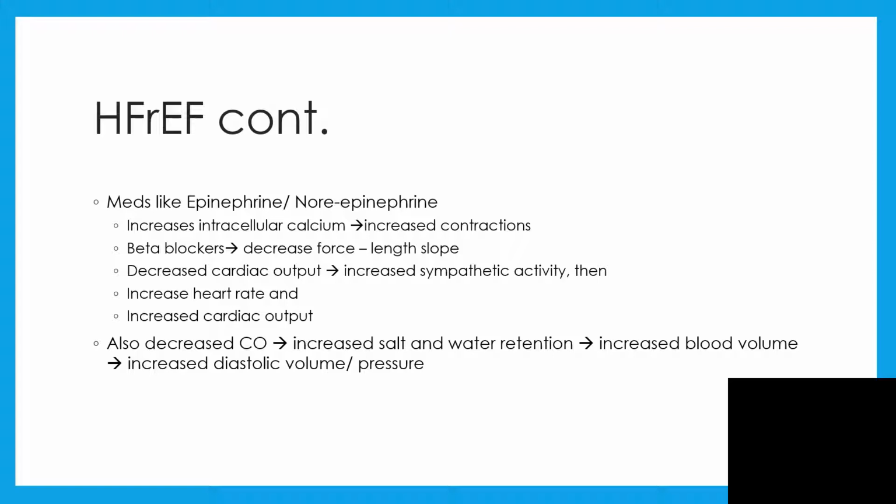Medications like epinephrine or norepinephrine will increase intracellular calcium and thereby increase contractions. Beta blockers will decrease the force-length slope, while decreased cardiac output will lead to increased sympathetic activity, and that will in turn increase the heart rate and cardiac output.